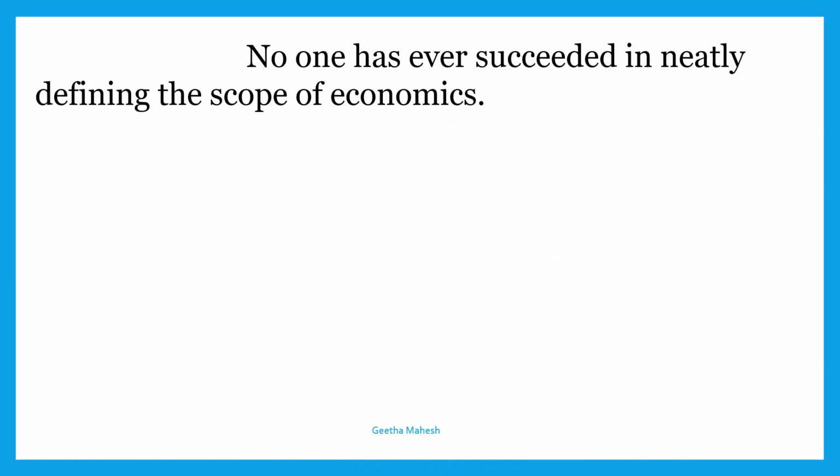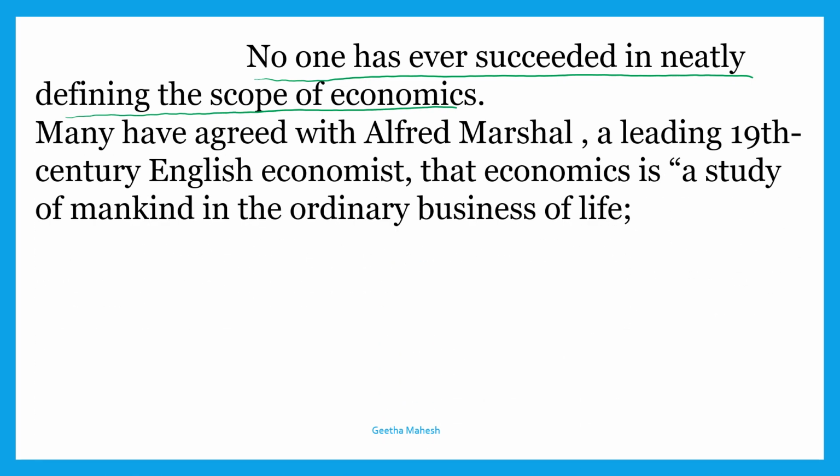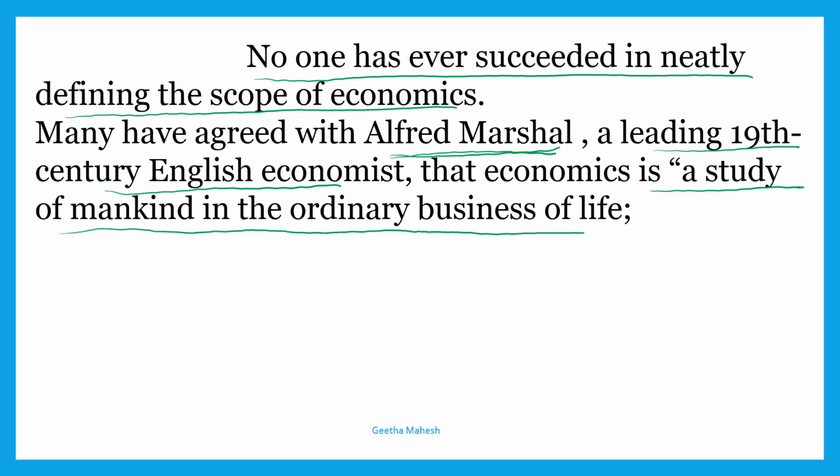So here you can see no one has ever succeeded in neatly defining the scope of economics, and the credit goes to Alfred Marshall. Alfred Marshall was a leading 19th century English economist. He said that economics is a study of mankind in the ordinary business of life. In the ordinary business of life, what will individuals do?